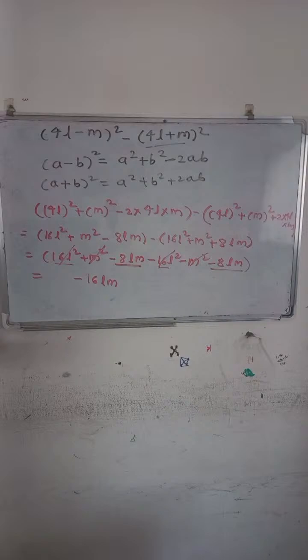So always check what things are given, and according to that you have to apply the identity and expand it, simplify it. You should make your basics clear. When you multiply the negative sign inside the bracket, positive values will become negative and negative will become positive. Getting this? So I hope everyone is writing or taking a screenshot.